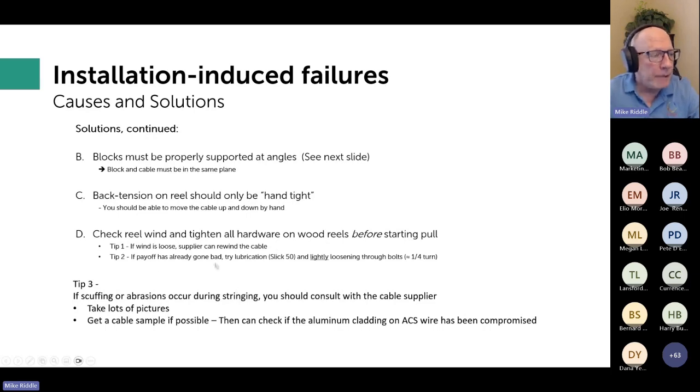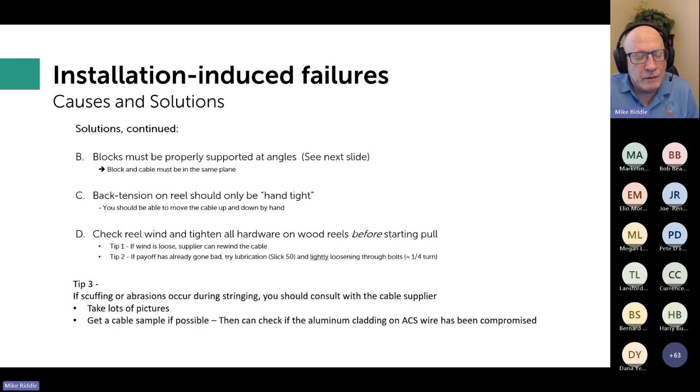If that's already happened, my only tip for you is that you can try lubrication. Slick 50 has worked well. Now, we're not talking one can of Slick 50 where you spread a little bit. We're talking buckets of Slick 50 that you've got to pour on the cable wind to help things move more freely.